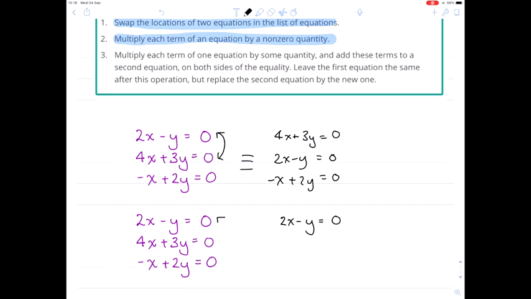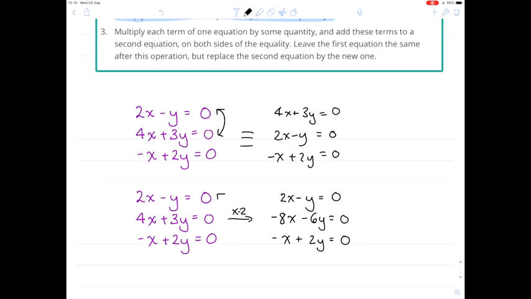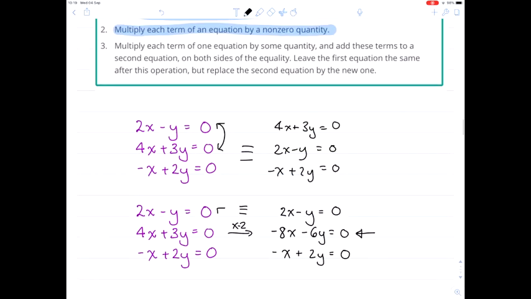I multiply my second one by minus 2, so I get minus 8x minus 6y equals 0, and I didn't do anything to my third one. Well, in this case, this graph over here is going to be exactly the same graph that it would have been before. So we haven't really changed anything by multiplying a single equation by some constant multiple.